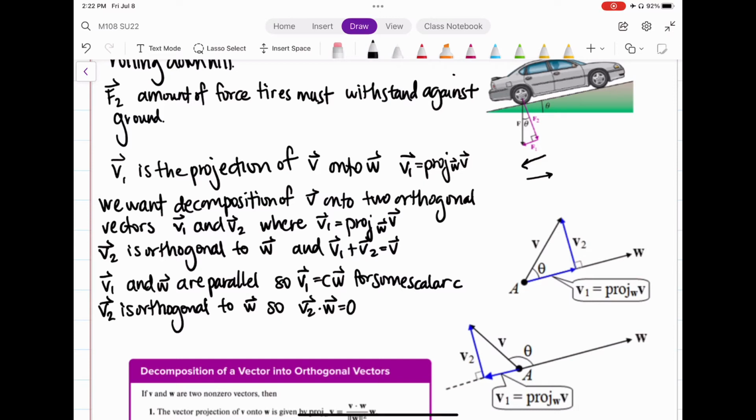If I take the dot product of vector v and vector w, I can replace vector v with vector v1 plus vector v2, and then apply the distributive property to get vector v1 dot vector w plus vector v2 dot vector w, so that I can use some decomposition results.